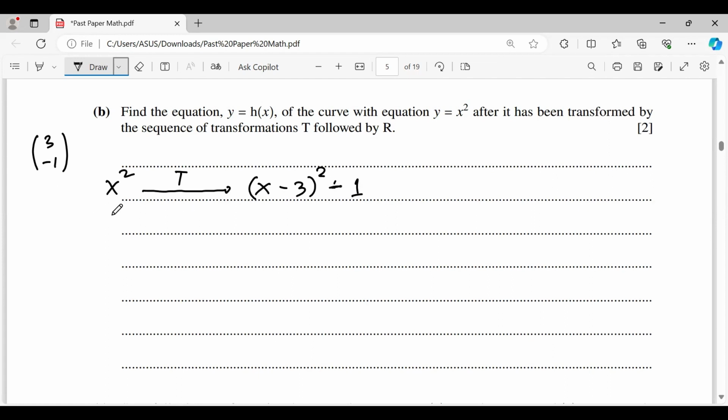So like just now, f(x) through R transformation becomes minus f(x).